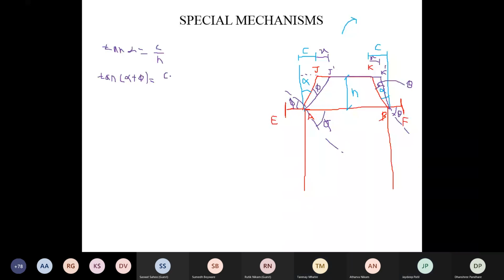Correct. Right hand side is the same. Now this is equal to C plus X upon H.